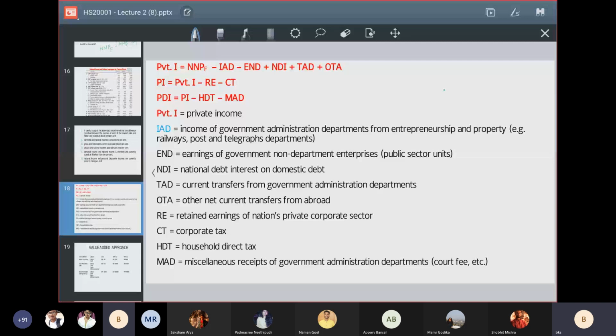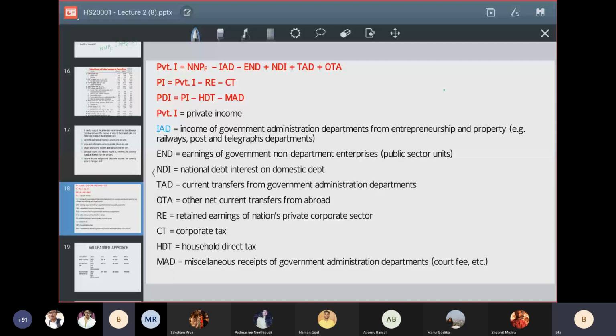So that becomes their private income, but it is not part of our GDP or our national income, because in case of GDP or the NNP at factor cost, we are not adding those transfer payments.